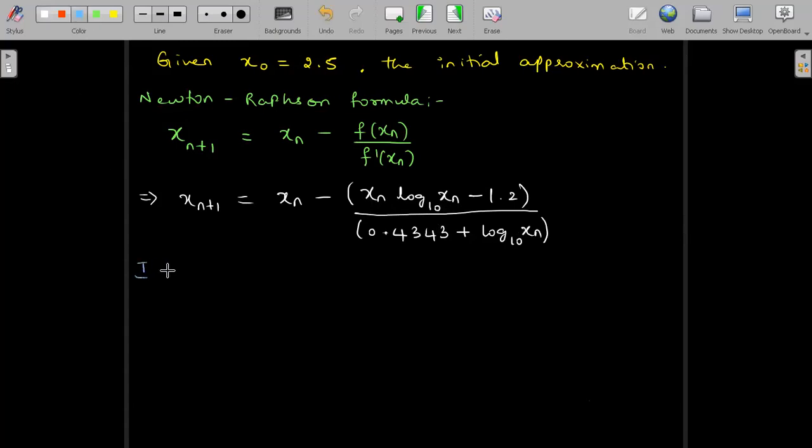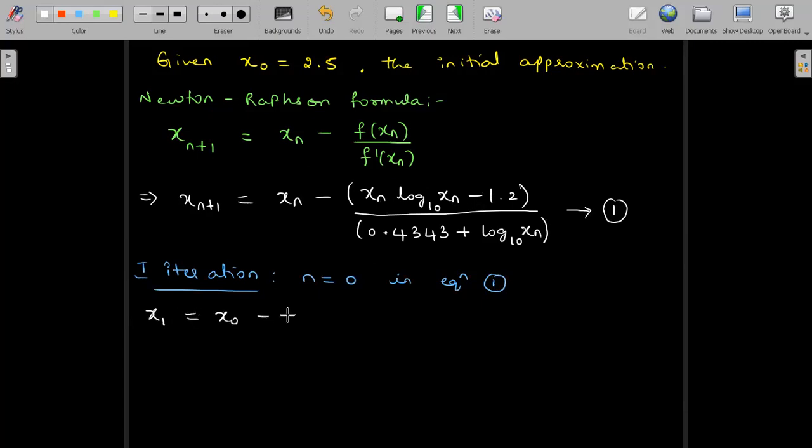First iteration: we substitute n is equal to 0 in equation 1. Let me call this substitution step equation 1. So we have x1 is equal to x naught minus x naught into log x naught to the base 10 minus 1.2, divided by 0.4343 plus log x naught to the base 10.